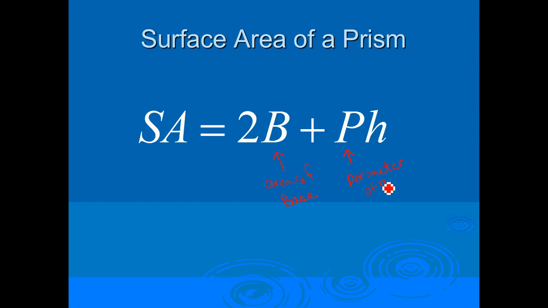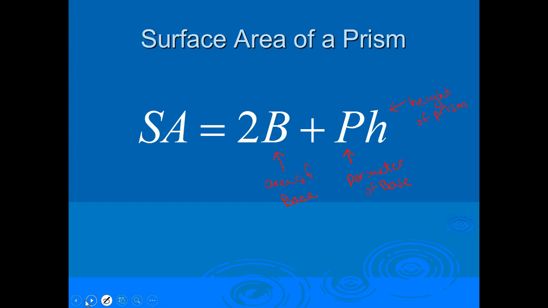I'm just going to write that in there. So we remember that big capital P and capital B represent perimeter and area of the base itself. H is the height of the prism. And that is always assuming that it's sitting on its base, okay?